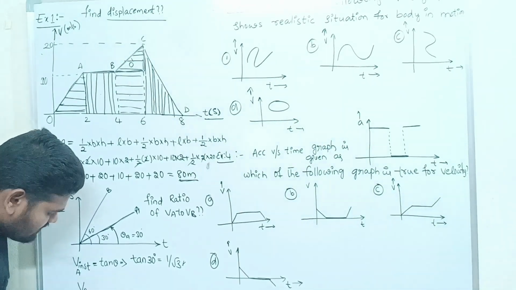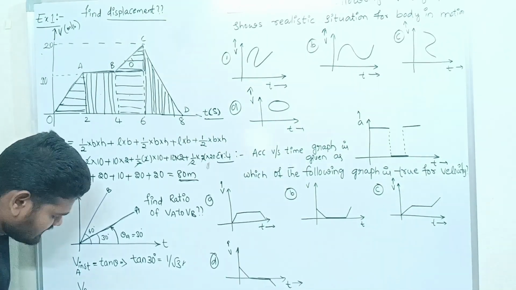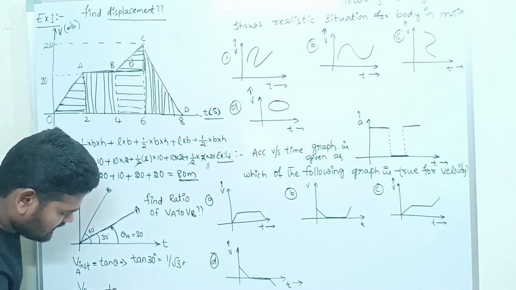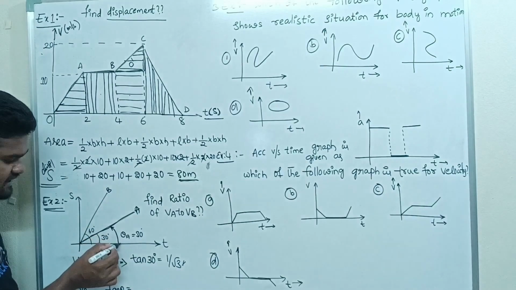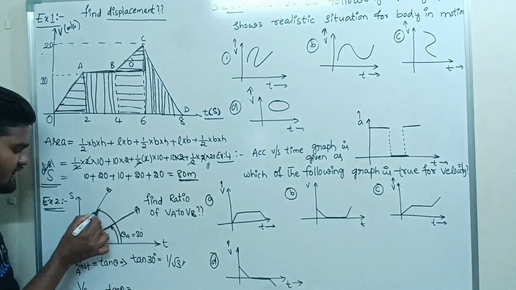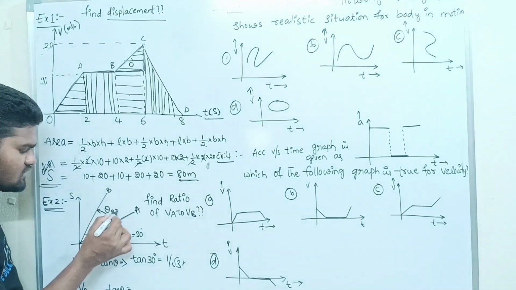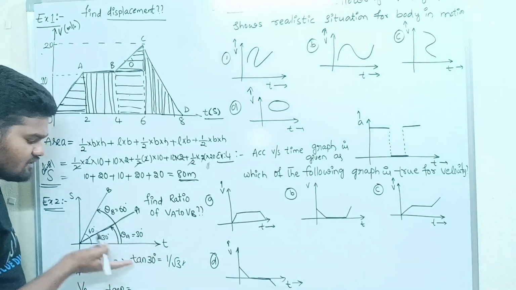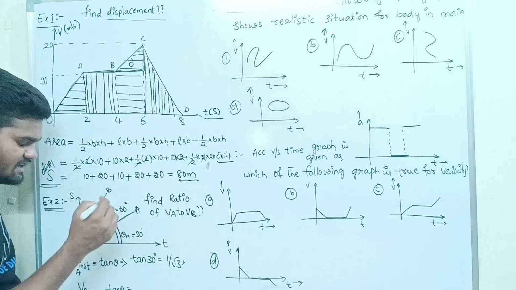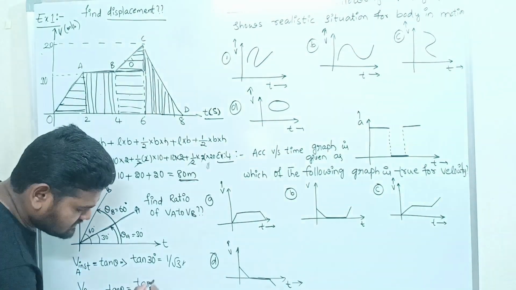So the slope of the graph of B, instantaneous velocity, is again given by tan theta. So tan theta is equal to how much? Have a look. The second slope is at an angle theta B, which is equal to how much? 60 degrees. Always measure an angle theta from the positive x-axis. Then tan 60.